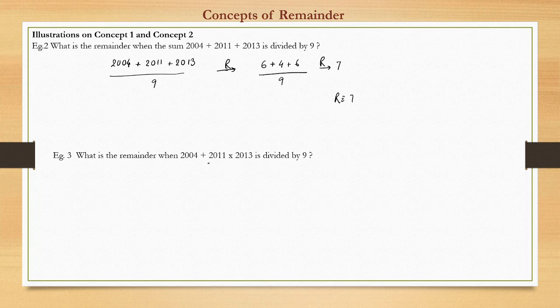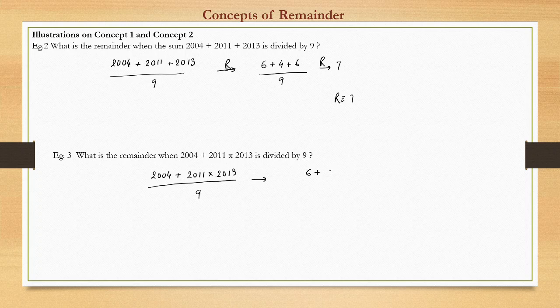What is the remainder when this term is divided by 9? We have to find the remainder. Now we know that both the addition and multiplication rules work in the case of remainders. So we deal with the individual remainders. Here it is 6.